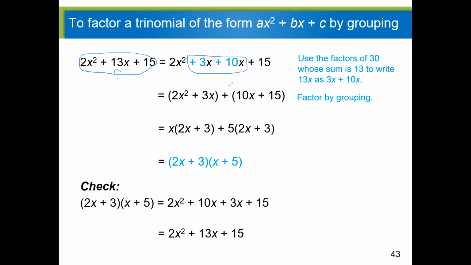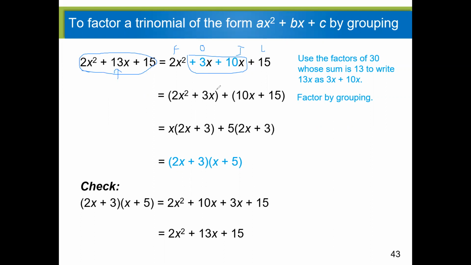Since I've broken down my b term, my center term, into its components, I essentially have my FOIL written out for me longways. I'm kind of doing FOIL backwards here, right? Because I have my first, outside, inside, and last completed.